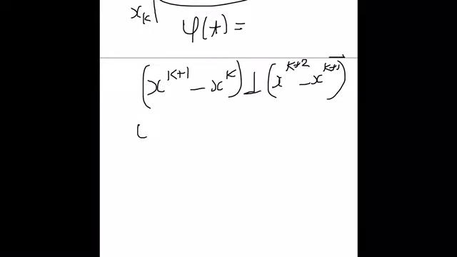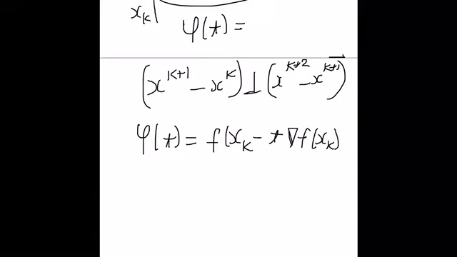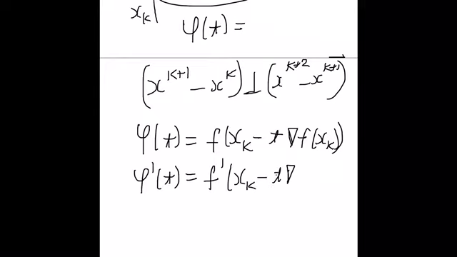For that, we consider this function psi of t equals f of xk minus t gradient of f of xk. If we differentiate it with respect to t, we get f prime of xk minus t gradient of f of xk, times minus gradient of f of xk, right?